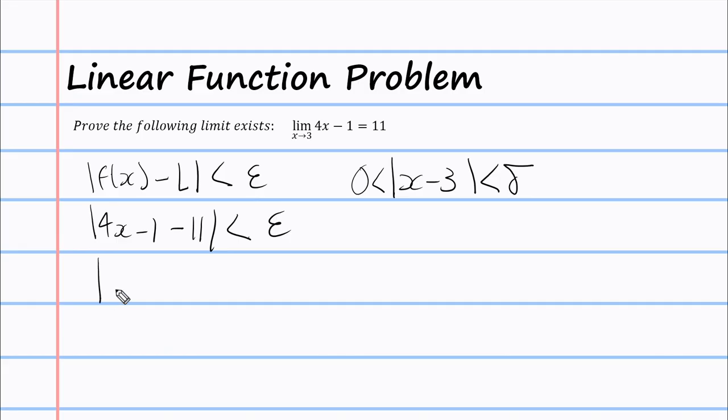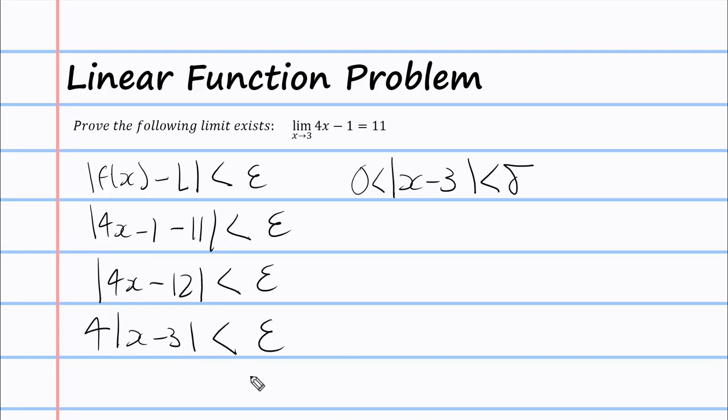How do you do that? We can rewrite this as the absolute value of 4x minus 12 is less than epsilon. We can factor out a 4, and we get that the absolute value of x minus 3 is less than epsilon divided by 4.